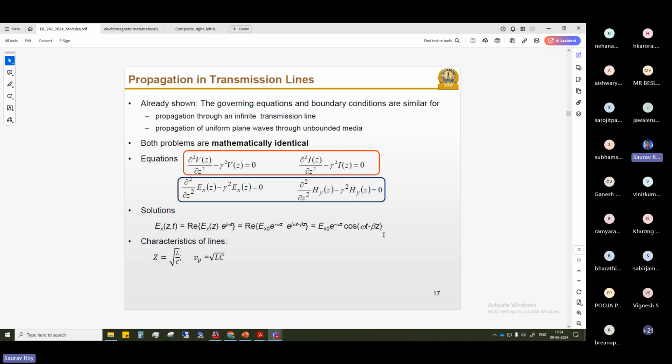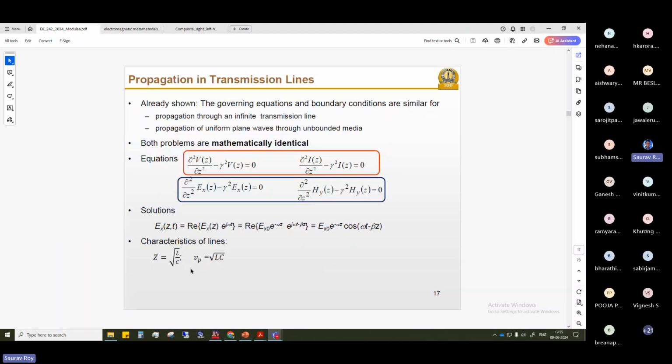It is a sinusoidal or harmonic wave, and it is attenuated as well as phase shifted because of gamma. Similarly, if you solve the telegrapher's equation for a transmission line, you get a similar equation for voltage and current. It will attenuate as it propagates through the transmission line if it is lossy; if it is not lossy, only phase shift happens.